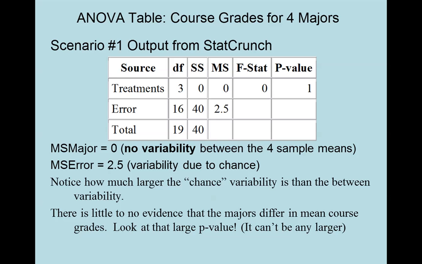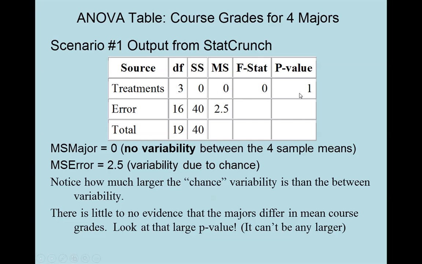The degrees of freedom is 16. That comes from the fact that we had 4 groups of 5, so 4 times 5 is 20 total data points, and 20 minus the 4 groups gives you the 16 degrees of freedom for the error term. Now 40 divided by 16 is 2.5, so then the F stat is 0 divided by 2.5.